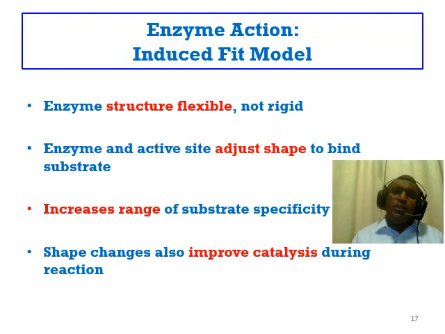Next is the induced fit model. Unlike the lock and key, this one involves changing the shape of the active site only in the presence of the particular substrate coming close to the active site, and therefore conformational changes take place and it will be very much fitting the substrate.